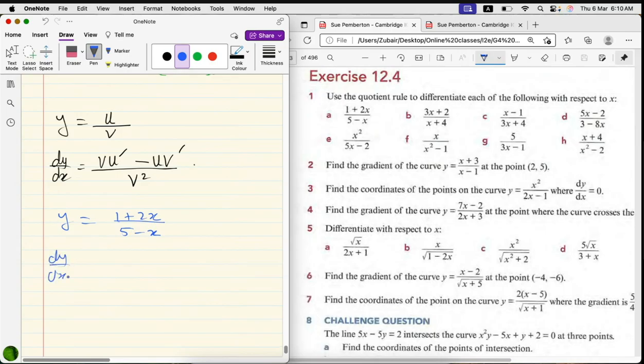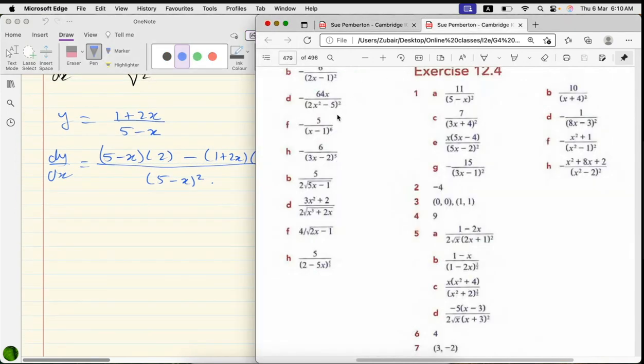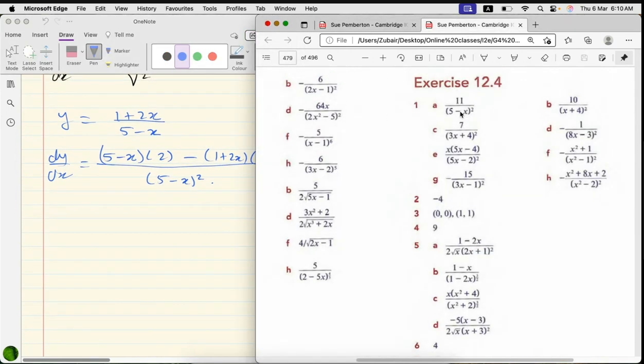So dy by dx is V into differentiation of U, minus 1 plus 2x into differentiation of V, over 5 minus x squared. So the expanded form would be 11 over 5 minus x squared. Yes.